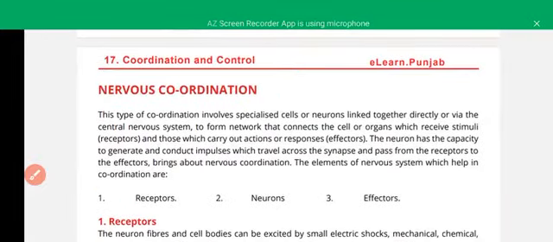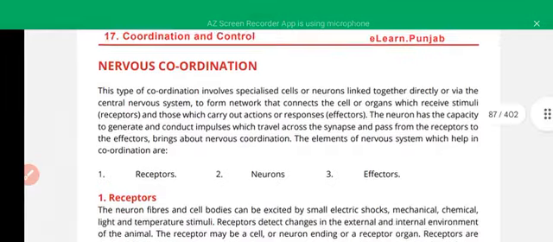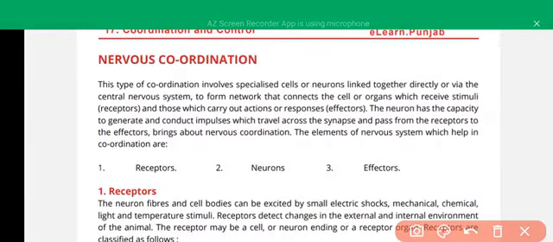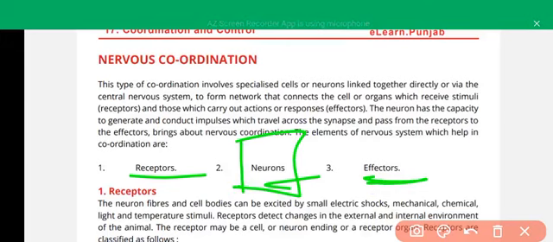Nervous coordination has various processes and characteristics, in which the neurons take part in the coordination. The parts of this coordination are the receptors, neurons, and effectors. Neurons actually act as a connection link between receptors and effectors.